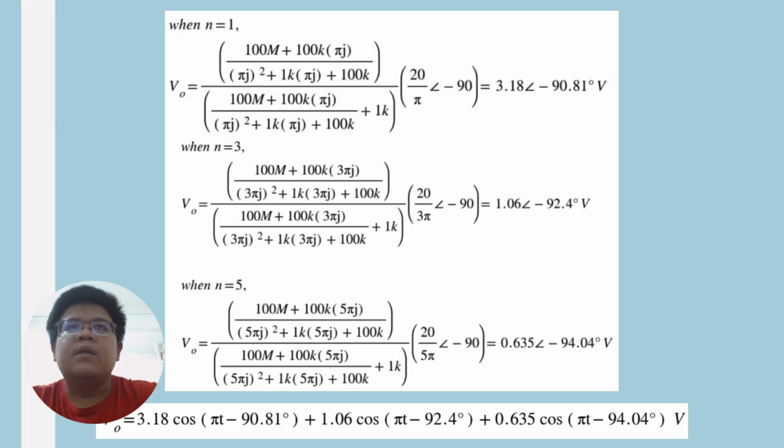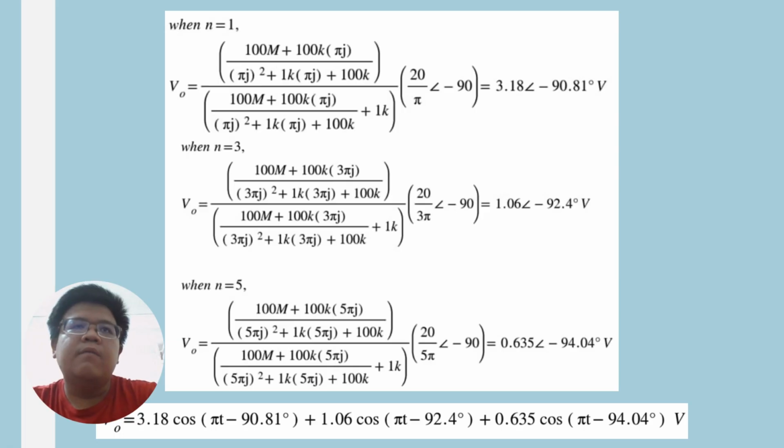When n is equal to 1, we substitute n into the formula, and V naught for n equals 1 is 3.18 at negative 90.81 volts. For n equal to 3, V naught is equal to 1.06 at negative 92.4 volts, and when n is equal to 5, V naught is equal to 0.635 at negative 94.04 volts.